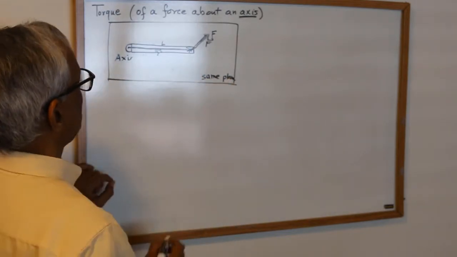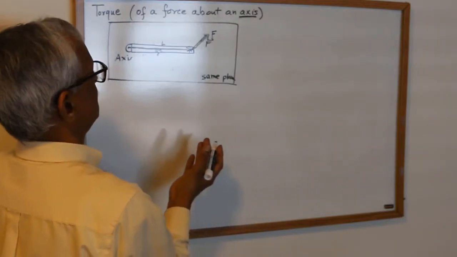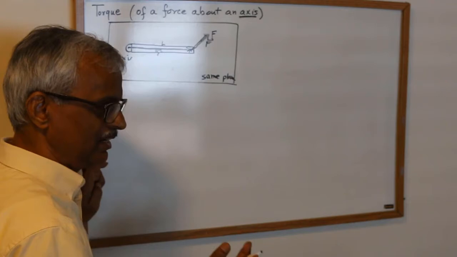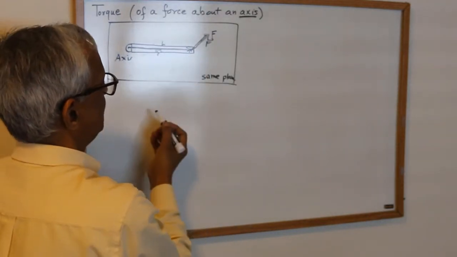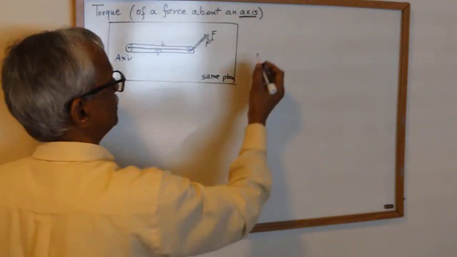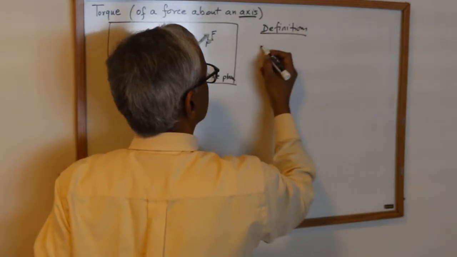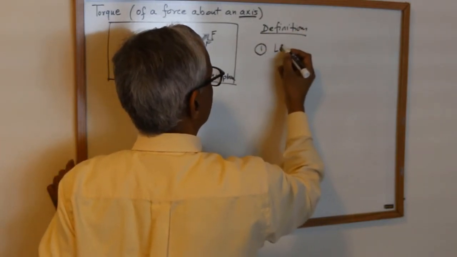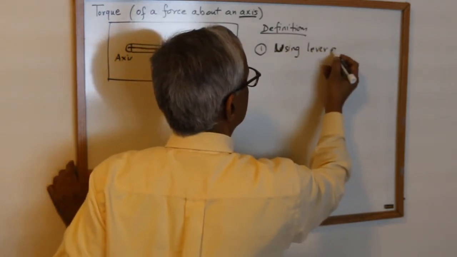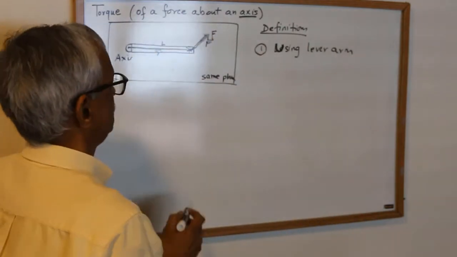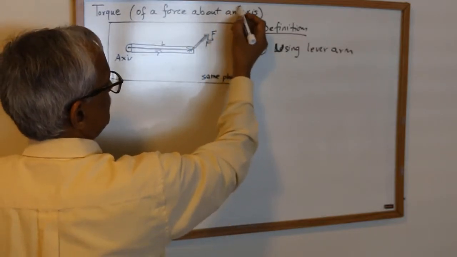When that happens, there are a couple of ways we can define the torque. The one that I really like is called the lever arm. So this force, we associate what is called a lever arm. The lever arm is a concept associated with the direction in which the force is acting.